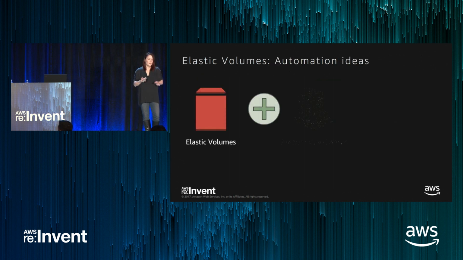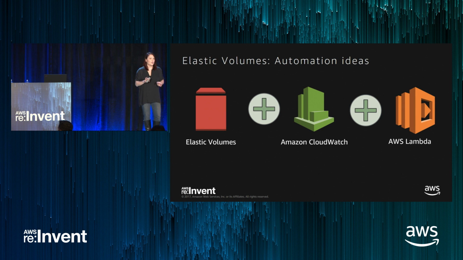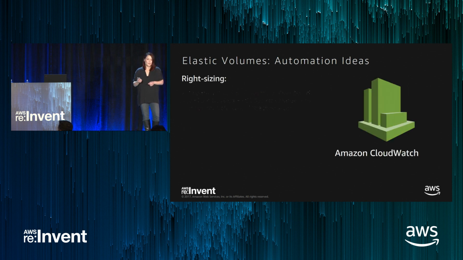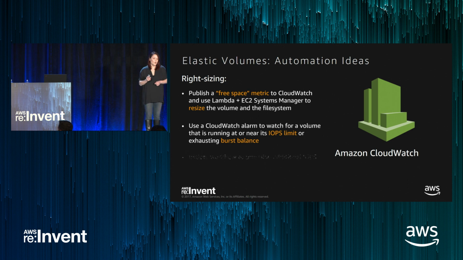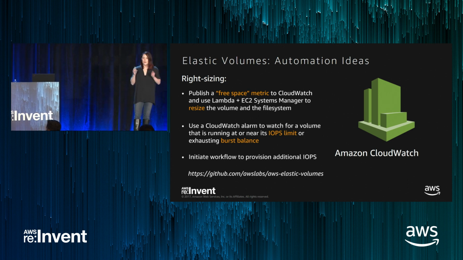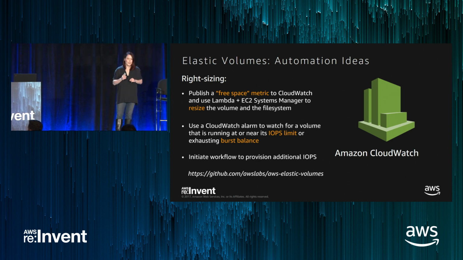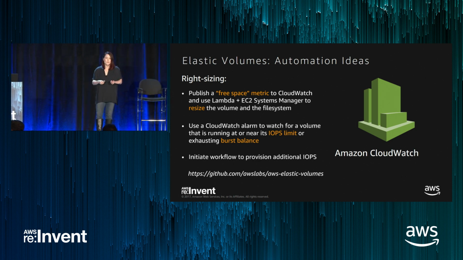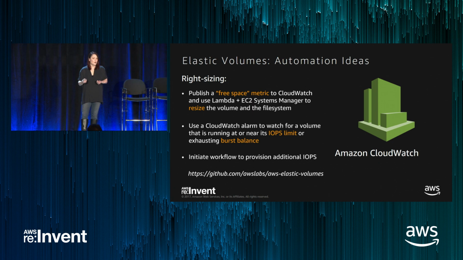So we've seen a ton of great automation ideas coming from customers and solutions architects using things like Elastic Volumes, CloudWatch, Lambda, EC2 Systems Manager. One interesting one is to publish a custom CloudWatch metric showing the free space on your OS, then use Lambda plus EC2 Systems Manager to automate the process of growing the volume and then extending the file system.